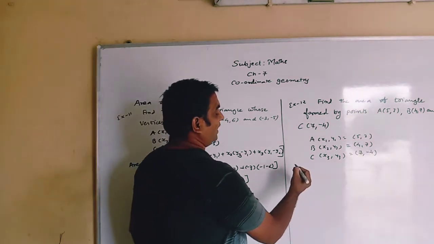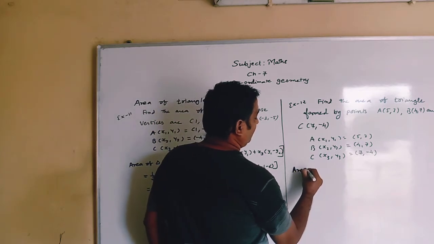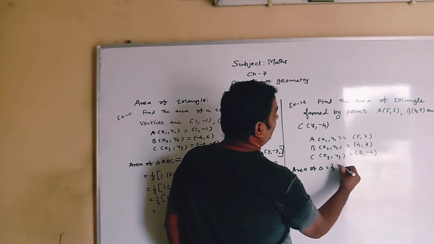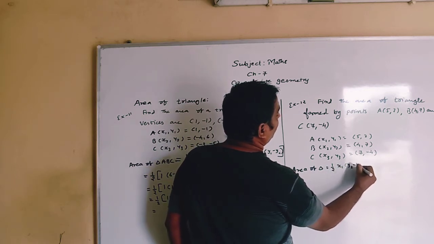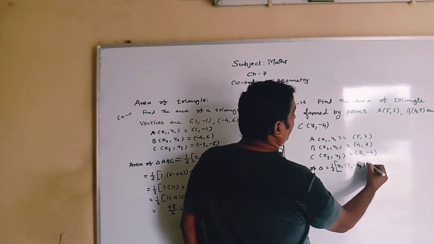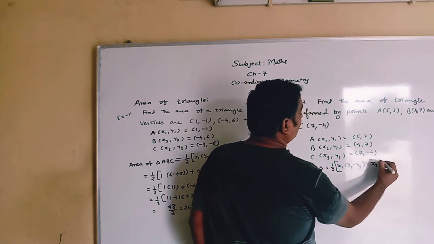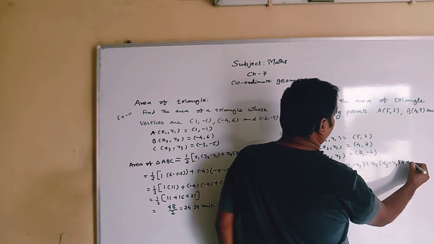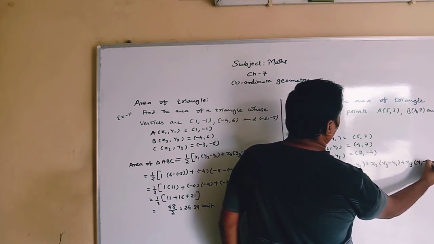So again we write the formula for the area of the triangle: 1 by 2 [x1(y2 − y3) plus x2(y3 − y1) plus x3(y1 − y2)].